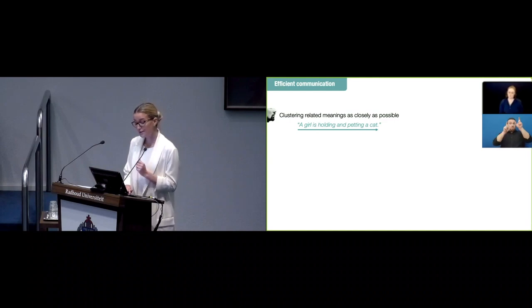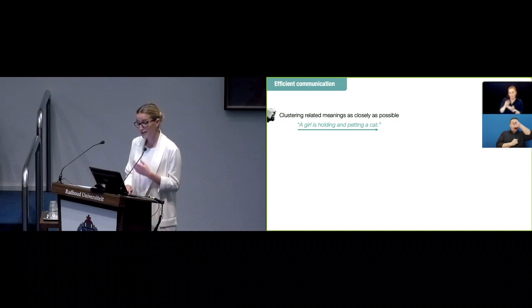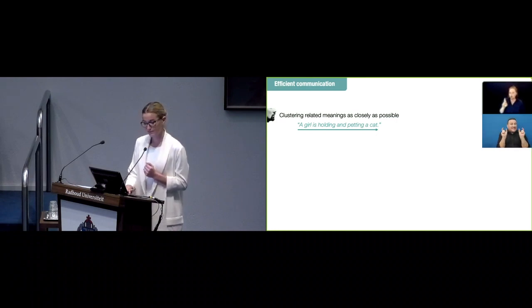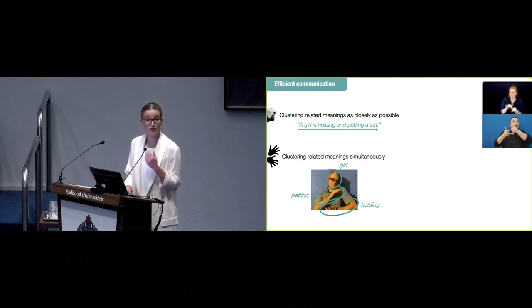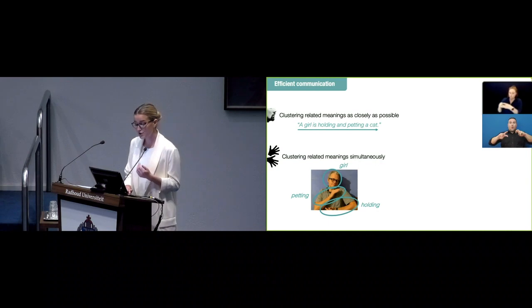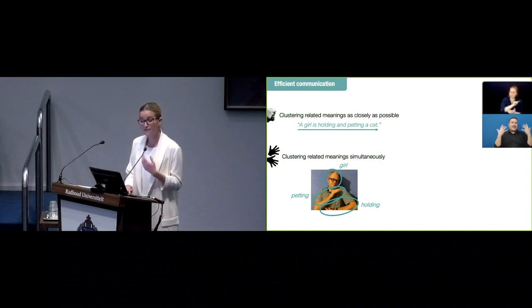For example, research has shown that one way to minimize production and comprehension effort is clustering related words as closely together as possible. In the present dissertation, I argue that simultaneous and iconic constructions allow clustering related meanings closer together not only linearly, but also simultaneously. Accordingly, such constructions might be used with a function to achieve efficient communication.